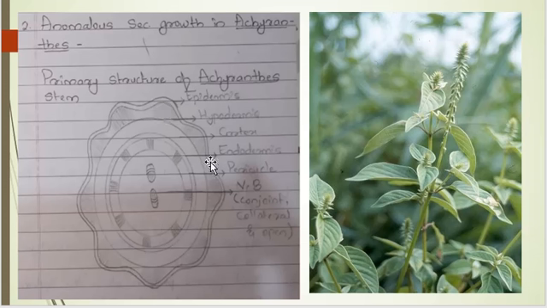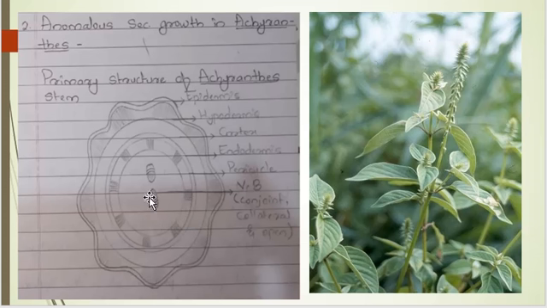In this, the outer layer is the epidermis. Below the epidermis, the hypodermis region is present. Then next to the hypodermis, the cortex region is observed. Then below the cortex, the endodermis and pericycle are observed.